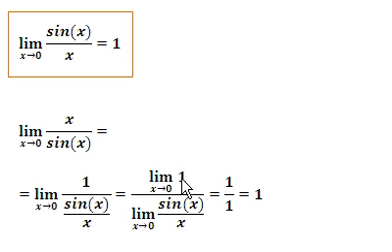And the limit of a constant, or the limit of 1 as x approaches 0, is just 1. And remember, this was the fact that we were using here, that the limit of sine x over x as x approaches 0 is equal to 1. Therefore, our limit is equal to 1.